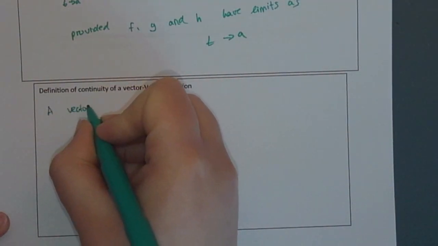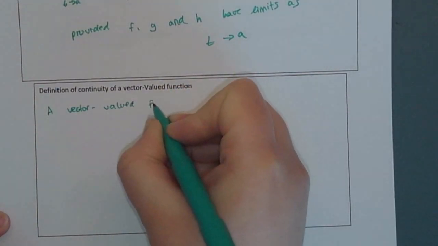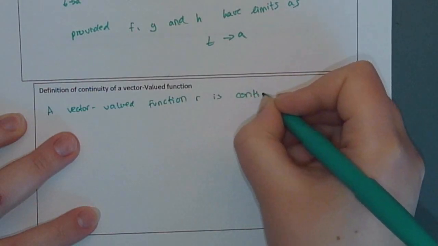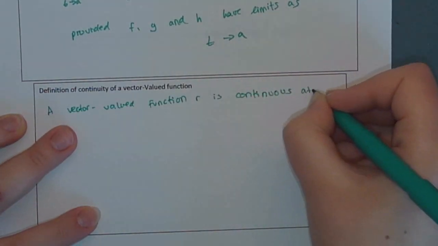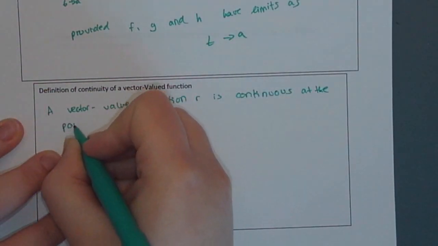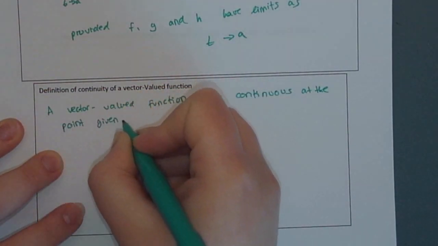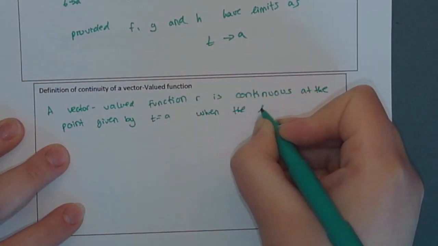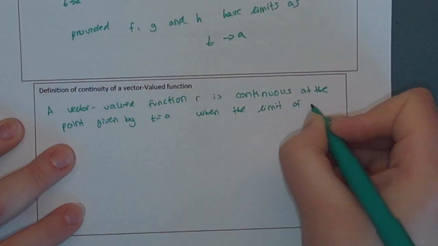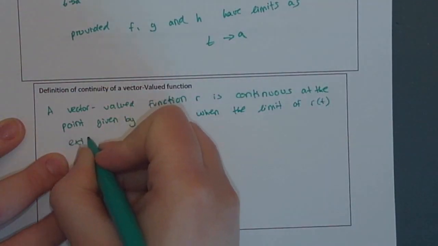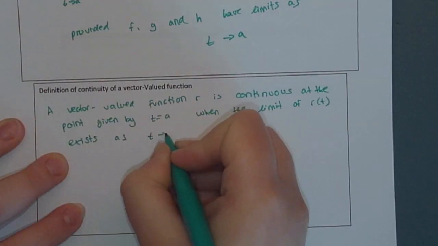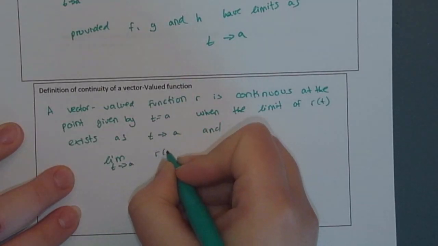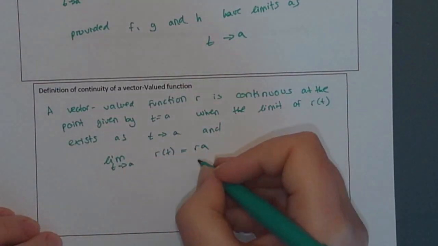So a vector valued function R is continuous at the point given by t equals a when the limit of R of t exists as t goes to a and the limit as t goes to a of R of t is equal to R of a.